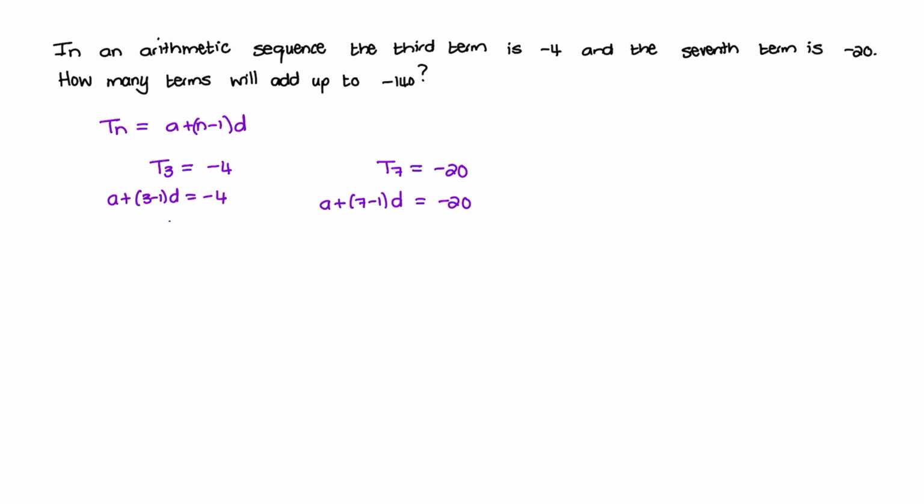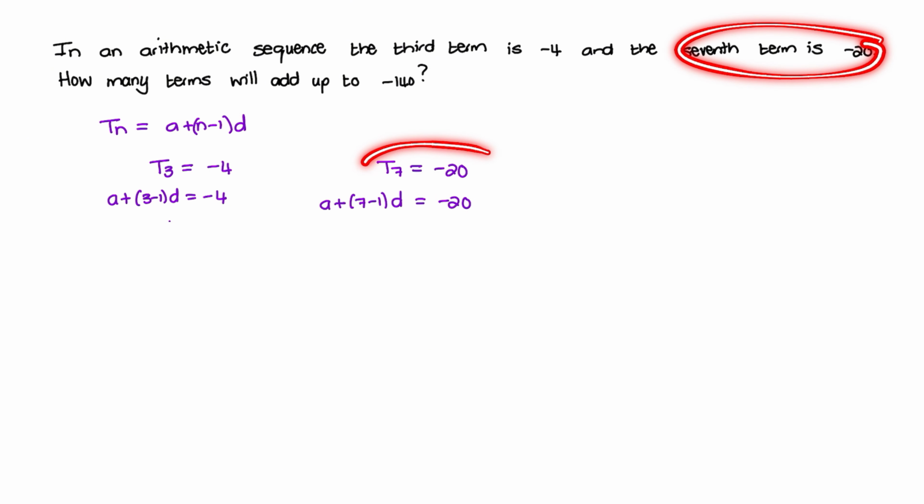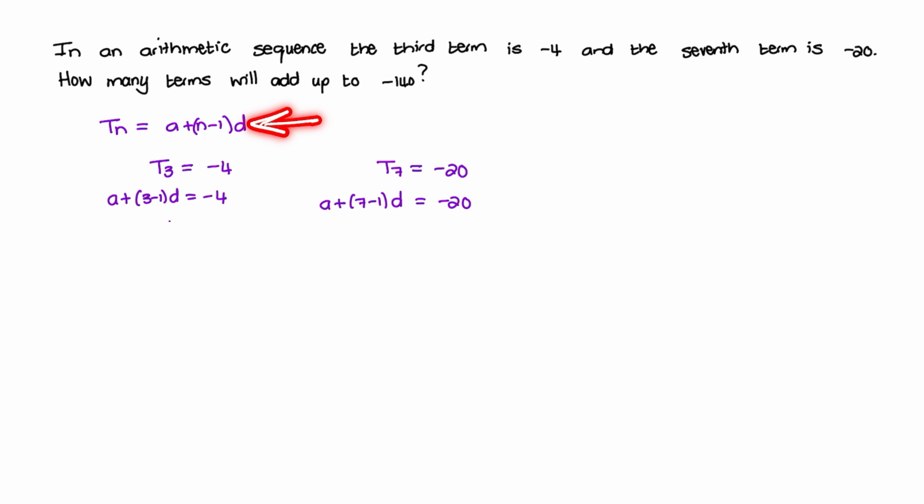So we have a combination of Tn and Sn in this question. In my first step, I want to represent term 3, which is -4, and term 7, in terms of an arithmetic sequence. So can you see that if I use 3 in the place of n, then I have a plus 3 minus 1d is equal to -4.